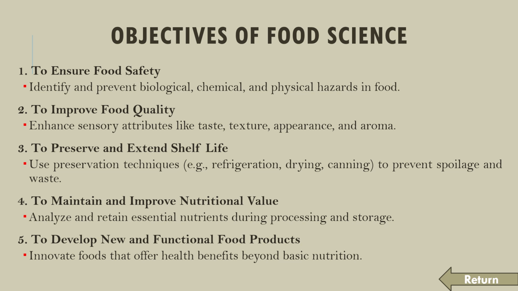To preserve and extend shelf life, using methods like refrigeration, drying, and canning to prevent spoilage. 4. To maintain nutritional value, making sure food retains its essential nutrients during processing and storage. 5. To develop new and functional foods, creating innovative products that provide extra health benefits beyond basic nutrition.